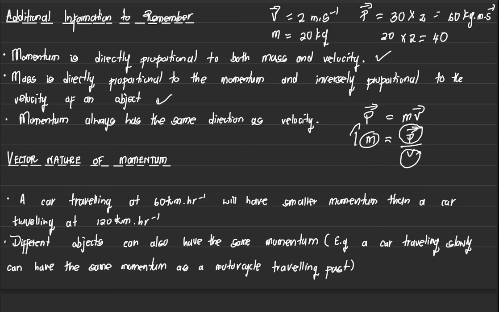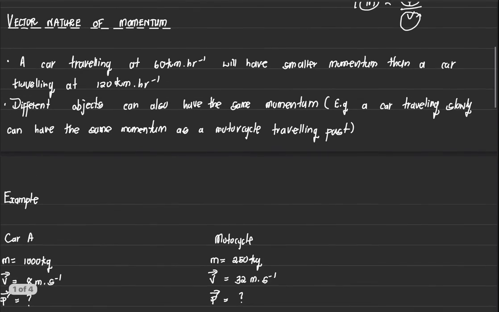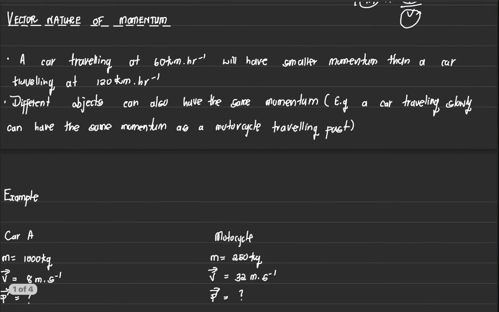And then we continue. The vector nature of momentum. A car that is traveling at about 60 kilometers per hour will have a smaller momentum than one which is traveling at 120 kilometers per hour.